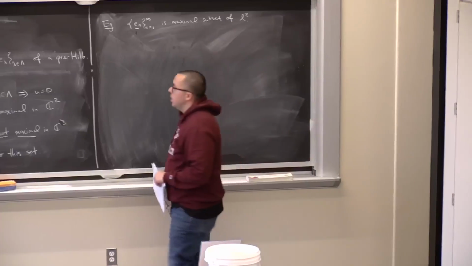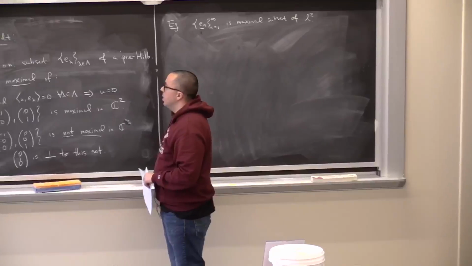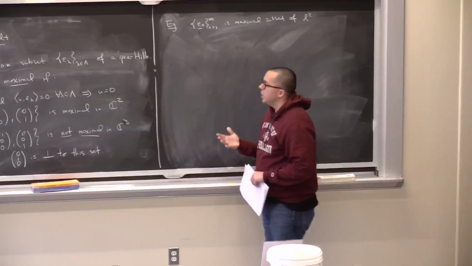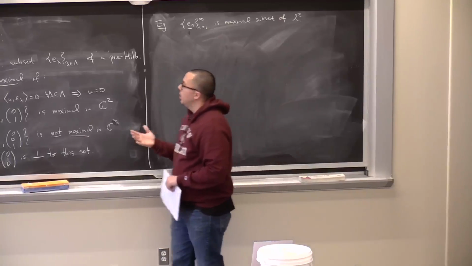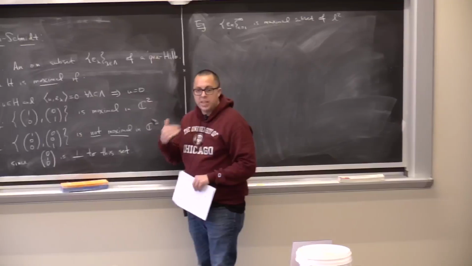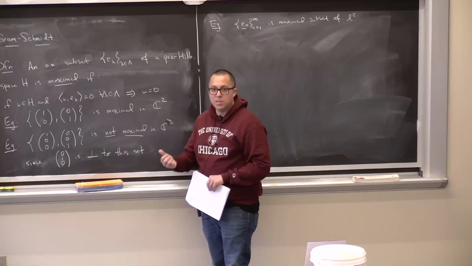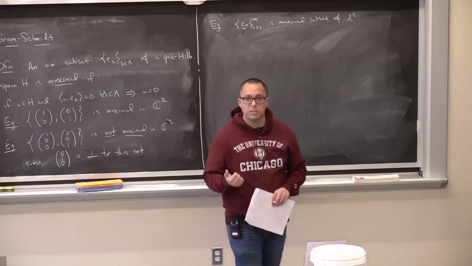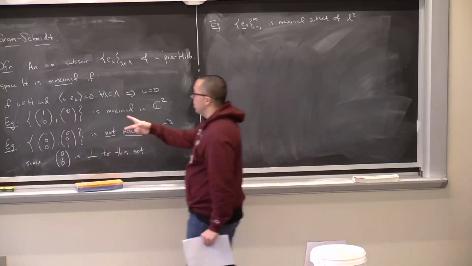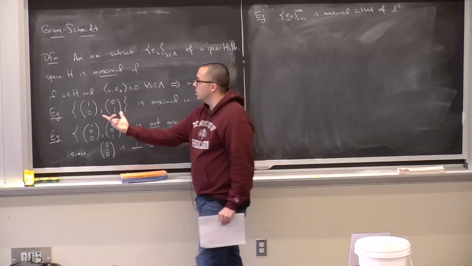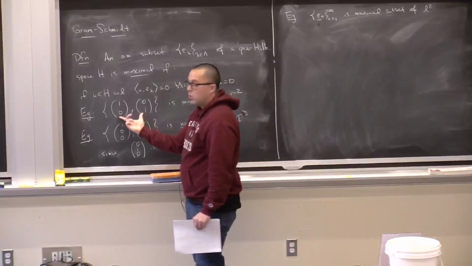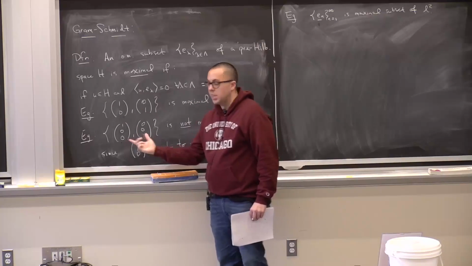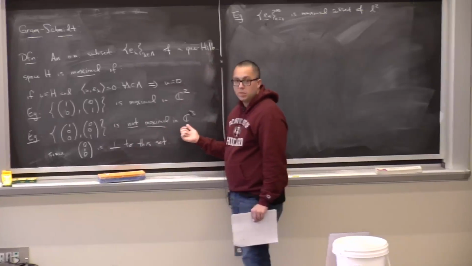Now, what we're going to see very shortly is that if we have a countably infinite maximal subset of a Hilbert space, then that set serves the same purpose as an orthonormal basis does in linear algebra. If you look here already, this orthonormal set is maximal, and it also forms a basis for C2. This was not maximal, and you see it doesn't form a basis for C3.